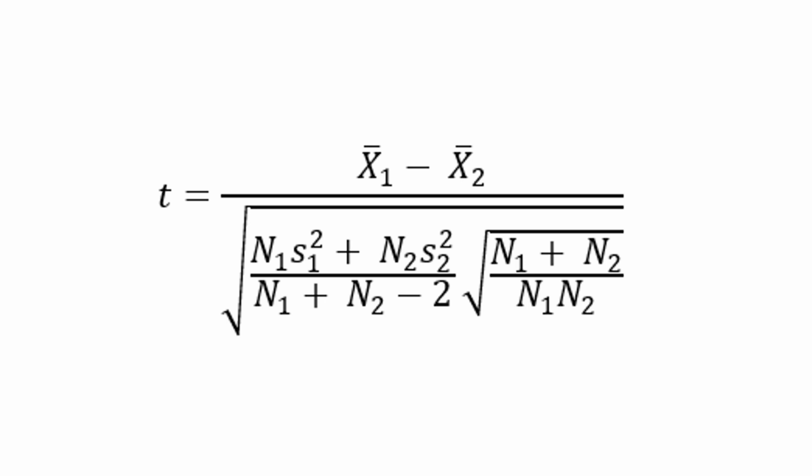And then we're dividing that by the square root of, and then you can see N1, the number of cases in group 1, N2 is the number of cases in group 2, and then S sub 1 squared, the variance of group 1, S sub 2 squared, the variance of group 2, and then we multiply that by the square root of the number of cases in group 1 plus the number of cases in group 2 divided by the number of cases in group 1 times the number of cases in group 2.